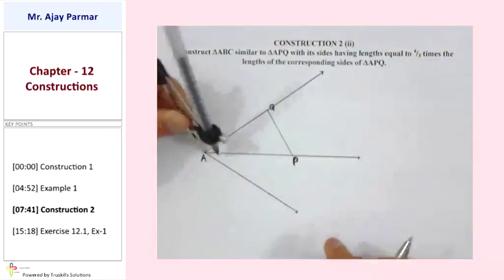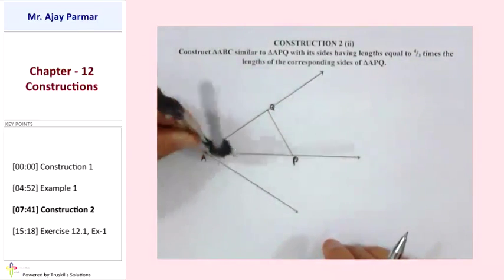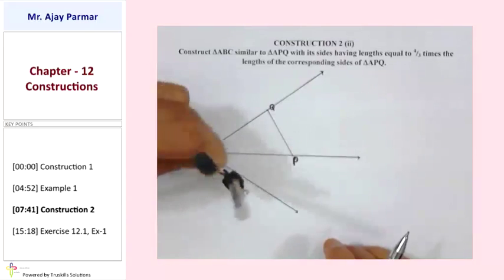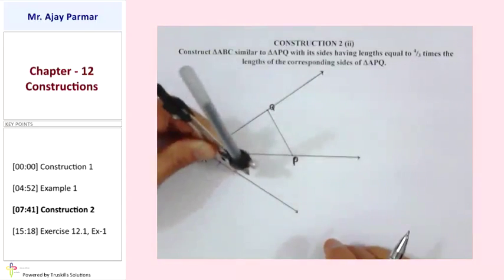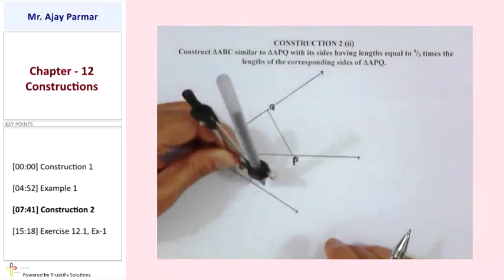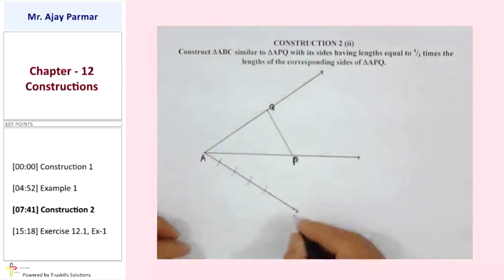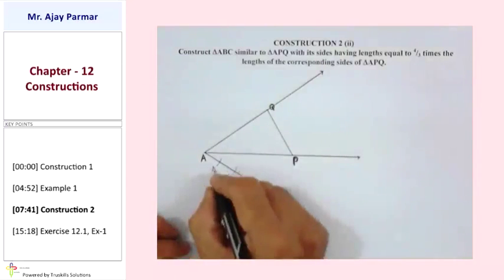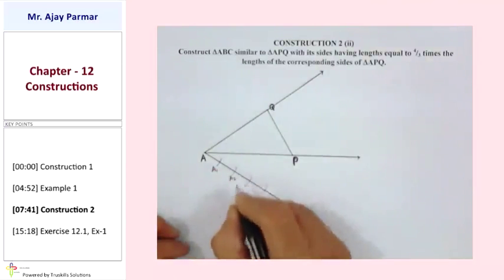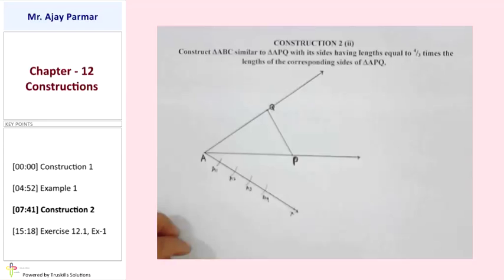With any arbitrary radius, draw 4 arcs, that is A1, A2, A3, and the final one, that is A4. And don't forget to label them, that is A1, A2, A3, and A4.